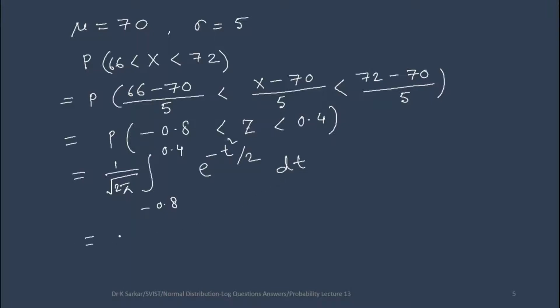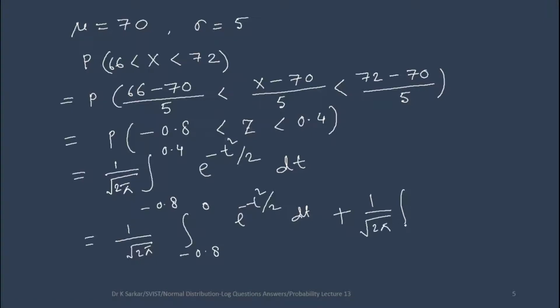So this we can write as integration minus 0.8 to 0, 1 by root 2 pi e power minus t square by 2 dt plus 1 by root 2 pi integration 0 to 0.4 e power minus t square by 2 dt.